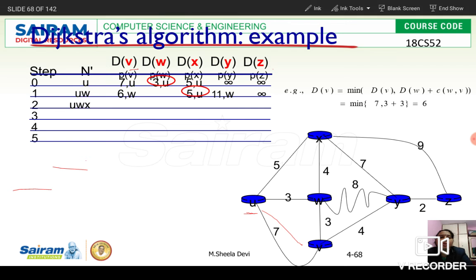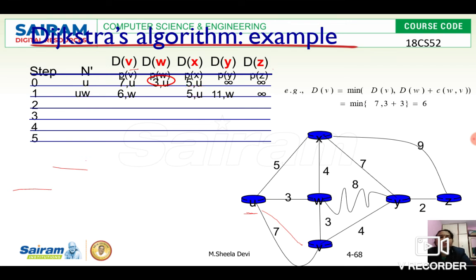So from U through X to Y, do we have any path? Yes, we have. What is the cost? 7 plus 5, so 7 plus 5 is 12. So actually we have added U. To reach this X, what is the best path we said?